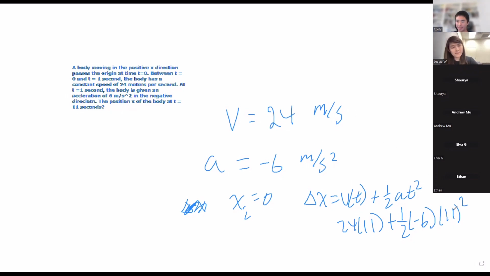I'm sorry about that, because the acceleration starts when t equals 1. So then t is equal to 10. So it'd be 24 times 11 plus 1/2 times negative 6 times 10 squared, right? And the answer you should get is negative 36. Sorry about that.